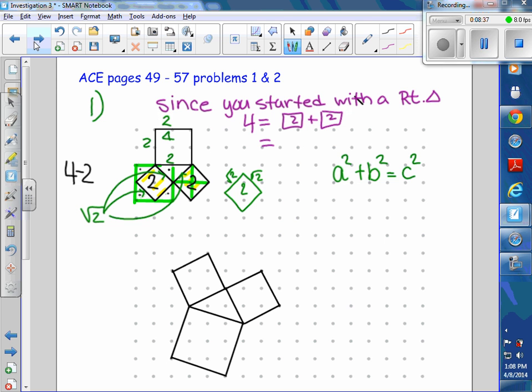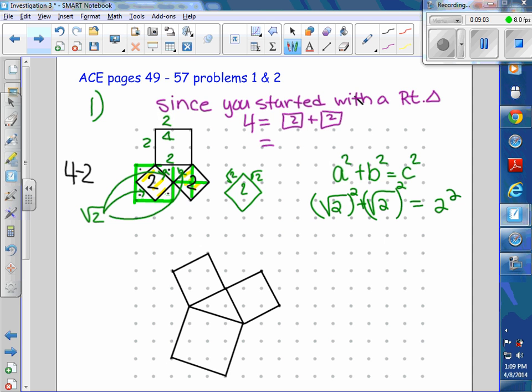You see that from the picture? So a could be right here, and b could be there. They're both square root of 2. So you're supposed to show the algebra. If I square root 2, and add it to the square root 2 squared, I should get 2 squared.